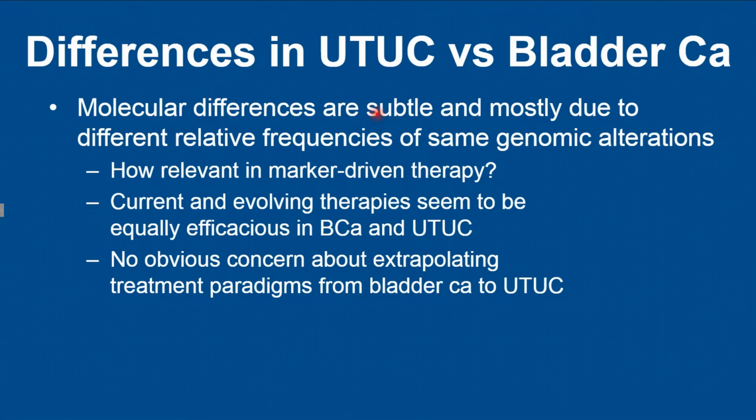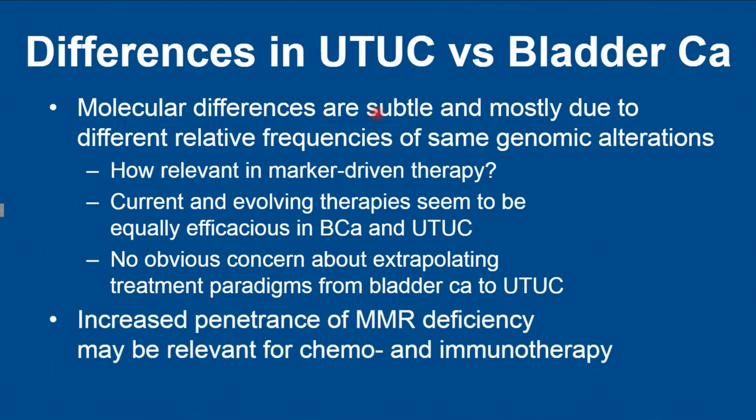As far as we can tell from new therapies, they seem to work just as well in bladder and upper tract with no significant differences. And I don't see a problem with us extrapolating treatment paradigms from bladder to upper tract, given the current state of our knowledge. The one exception might be the increased penetrance of mismatch repair deficiency in upper tract disease, which would be relevant for chemo and immunotherapy.